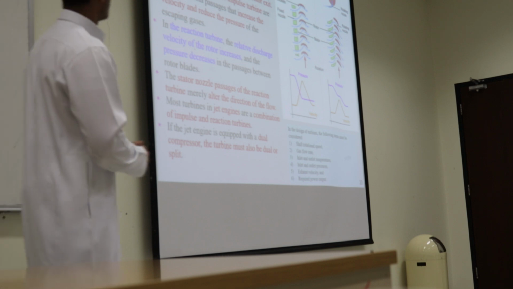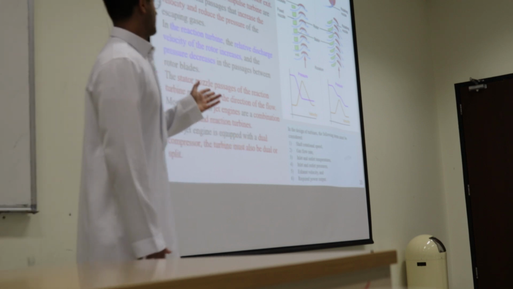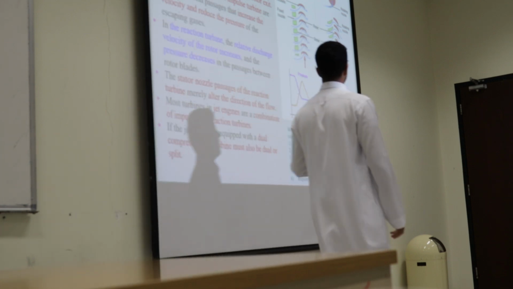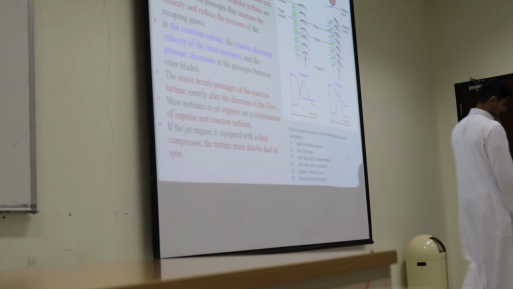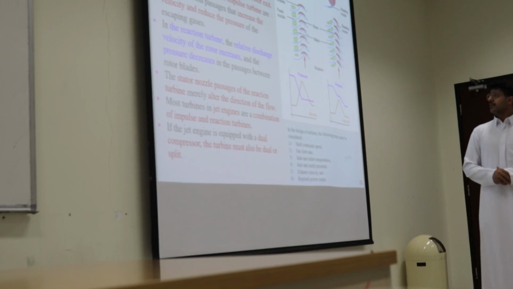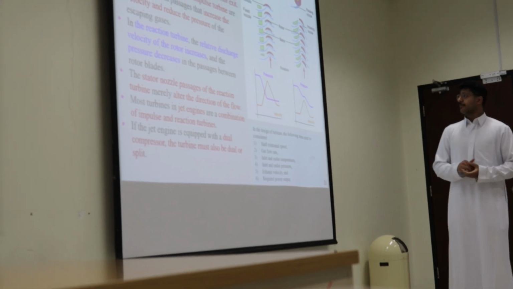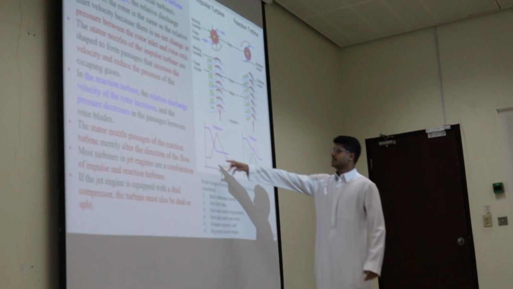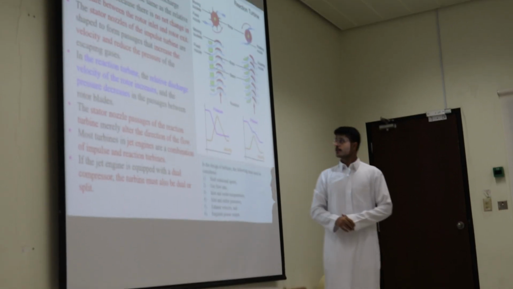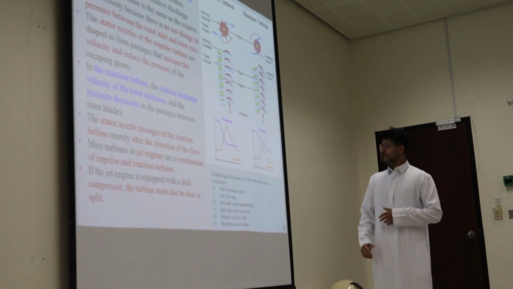Okay, so there are two basic types of axial turbines: the impulse turbine and the reaction turbine. Let's begin with the impulse turbine. Its stated role is to accelerate the flow by increasing its velocity and decreasing the pressure significantly before it reaches the rotor blade.